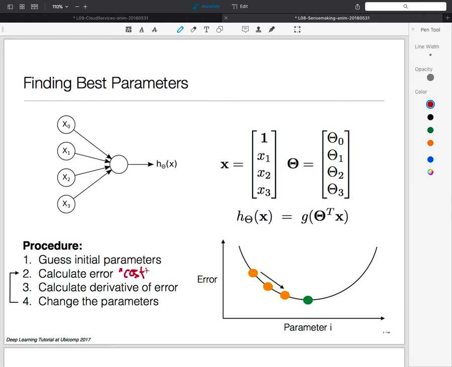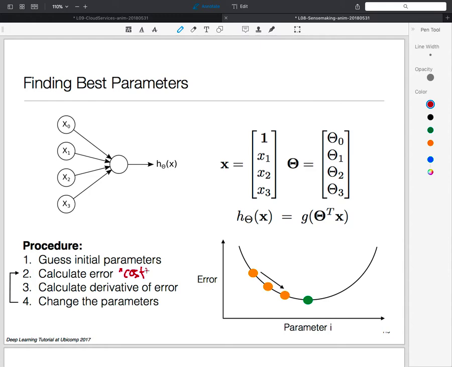Calculate the derivative of the error and then change the parameters. In particular, we calculate the gradient and then we move. If I'm thinking of this as an error, we want to minimize the error, so we are going to move in the negative direction of the gradient.